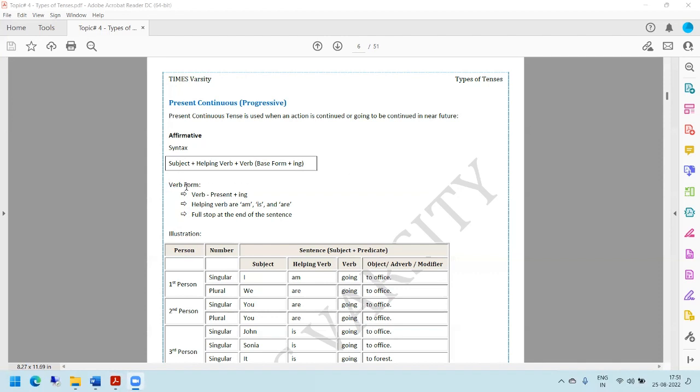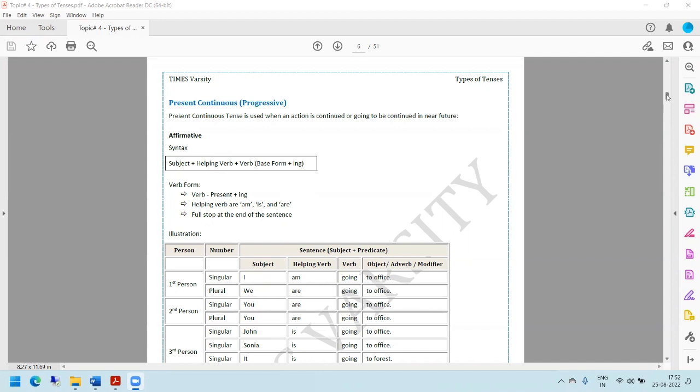Then the helping verbs are am, is, and are. So these three helping verbs are used in present continuous. And of course, since it is an affirmative sentence, there is a full stop at the end of the sentence.